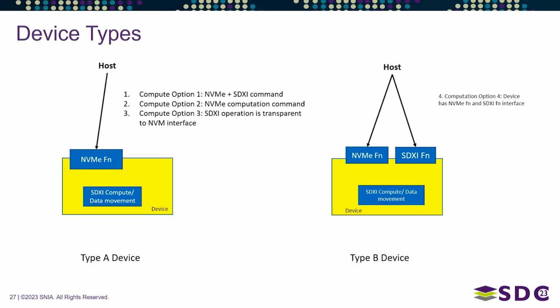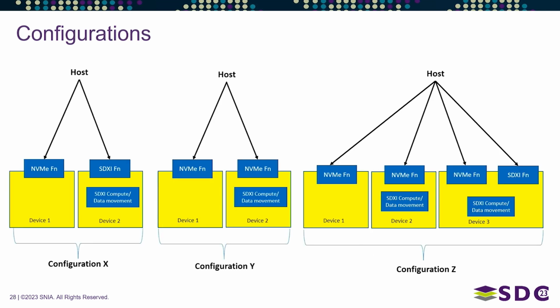All right, taking those two device types and expanding further from there into different configurations of systems that we've thought of at this point. So we've got X, Y, and Z, not to be confused with A and B, of course. Configuration X, we've got two of our blocks that we had shared previously. In this case, device 1 has an NVMe interface or an NVMe function.